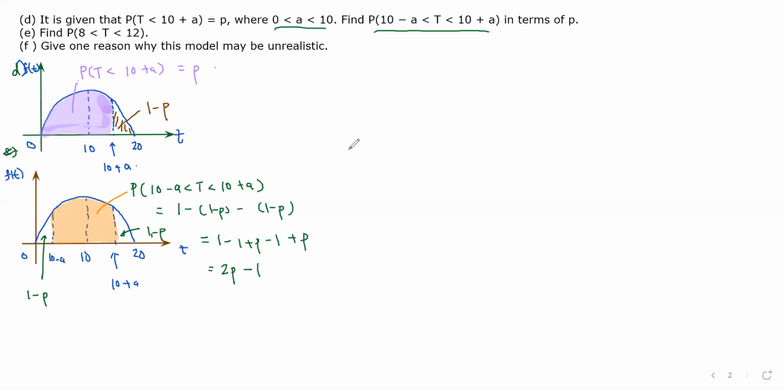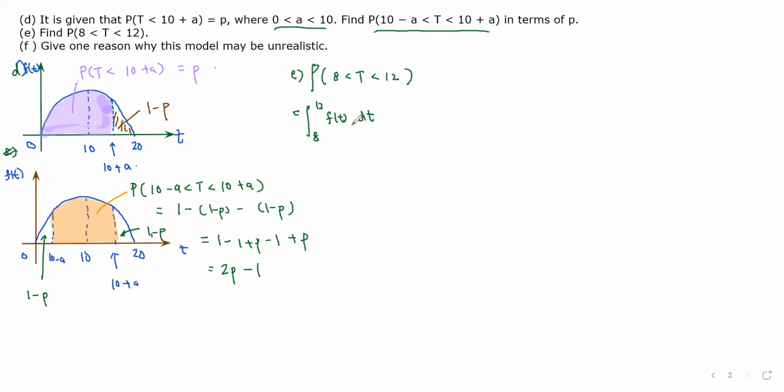Part E, we need to find the probability that t is in between 8 and 12. Unfortunately, we do not know this value of p here. Doesn't matter. The probability that t is in between 8 and 12 is the definite integral of f of t from 8 to 12.